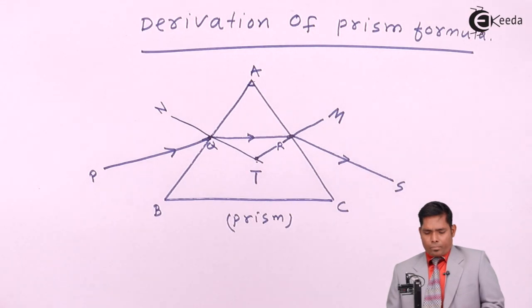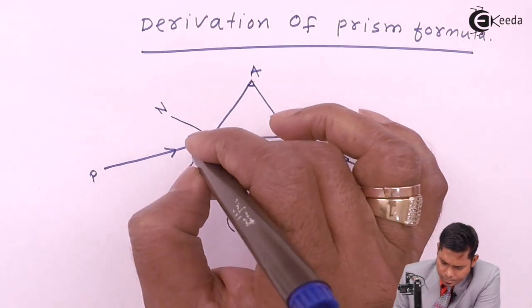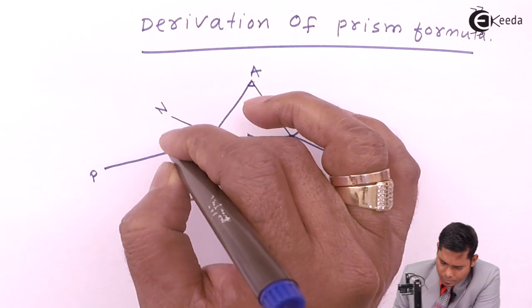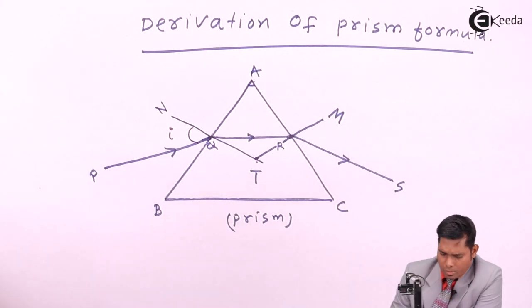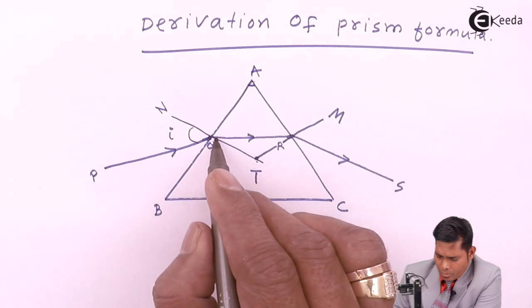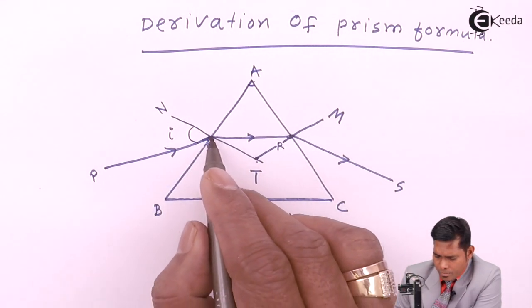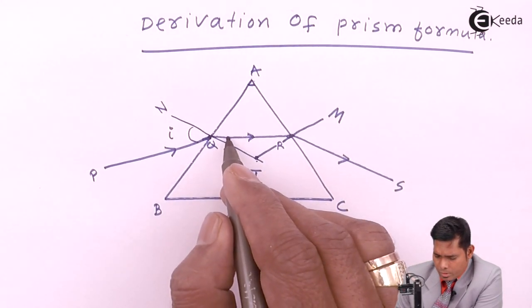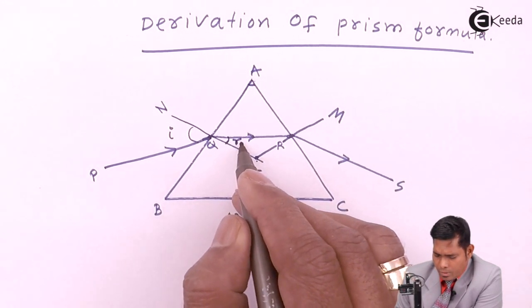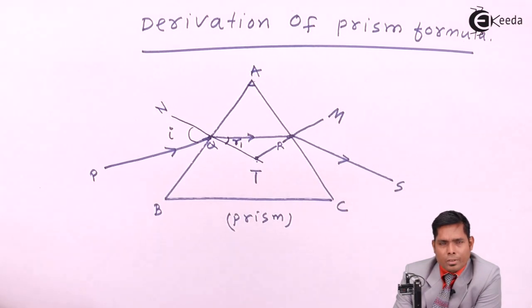Now, this angle is called I, the angle of incidence. This is the normal, and this is the ray which is refracted. Therefore, this is R1, the angle of refraction at the first face.